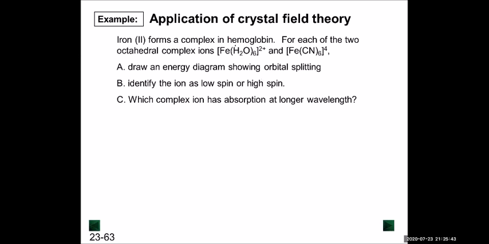So the iron forms a complex. Iron 2 can form 2 octahedral complexes. One is with 6 water molecules, and the other with 6 cyanide ions. It should be 6 minus.